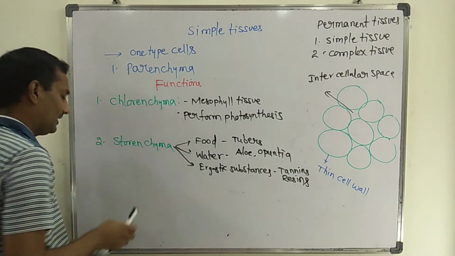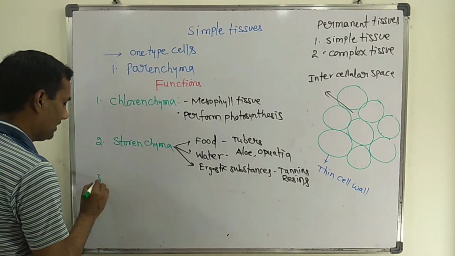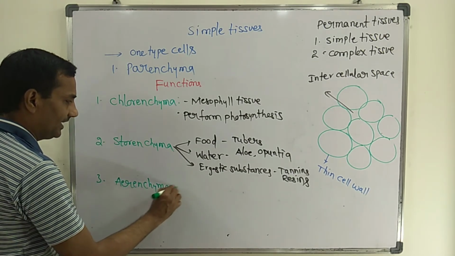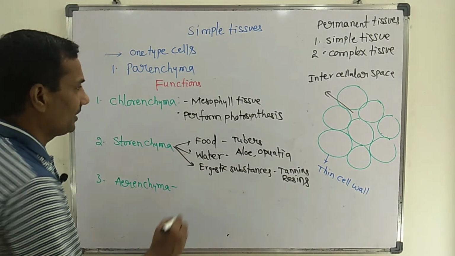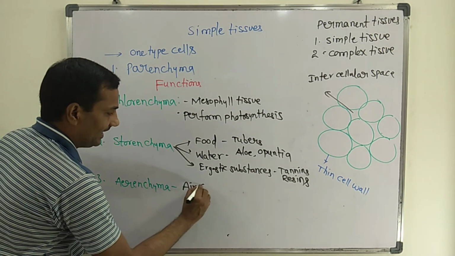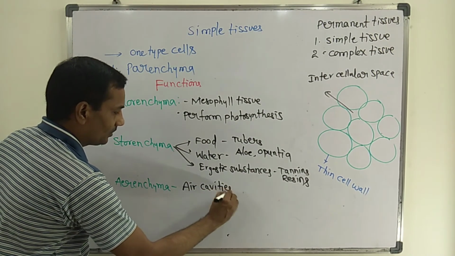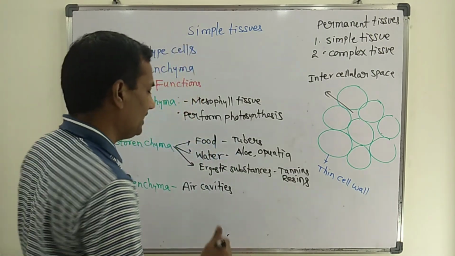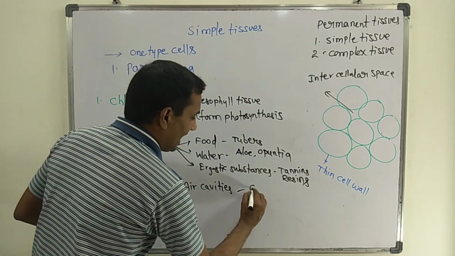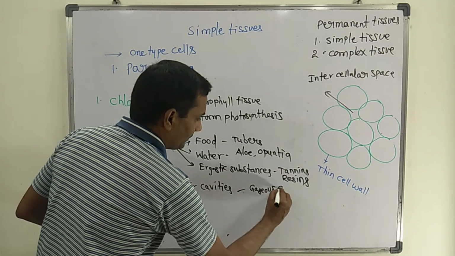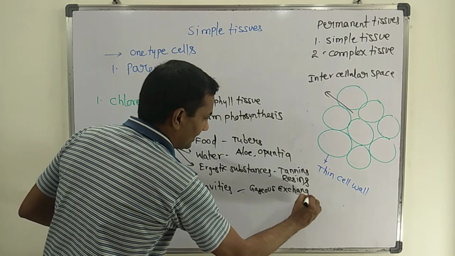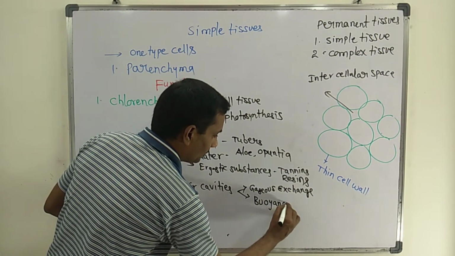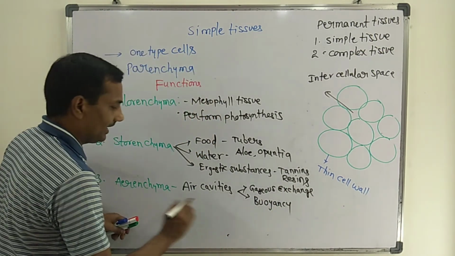Next, aerenchyma. As the name indicates, aerenchyma consists of air cavities and performs two main functions: gaseous exchange and buoyancy.